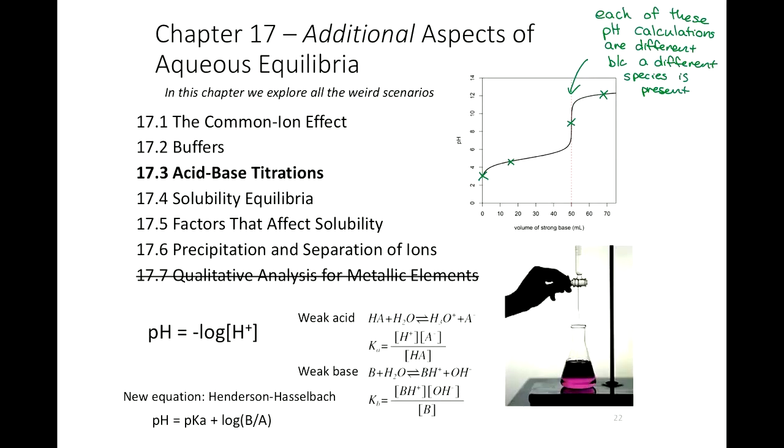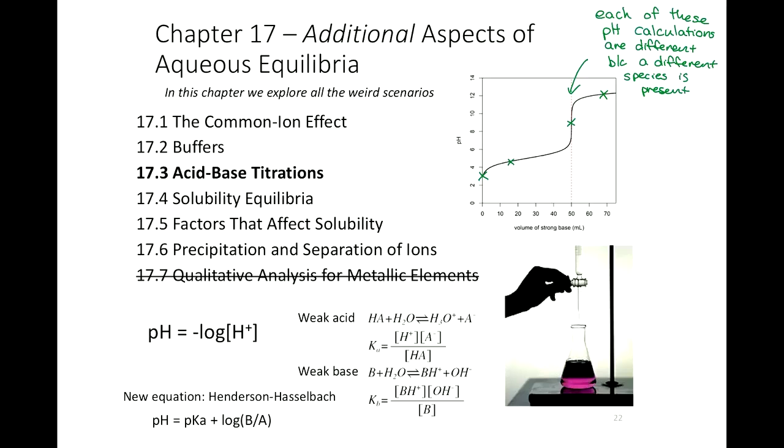All right, so we will move on to acid-base titrations. So here's the thing. You know how to calculate every single point on this titration curve. Every single one. We already did examples of all of them.